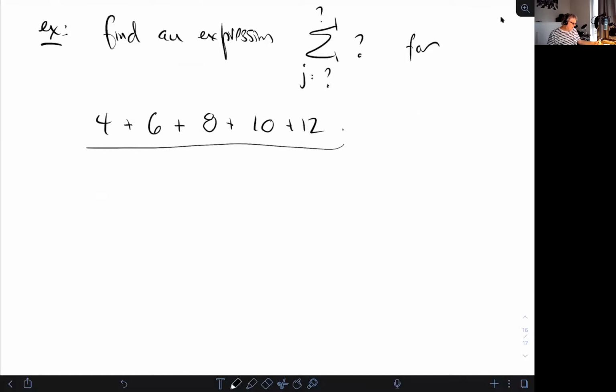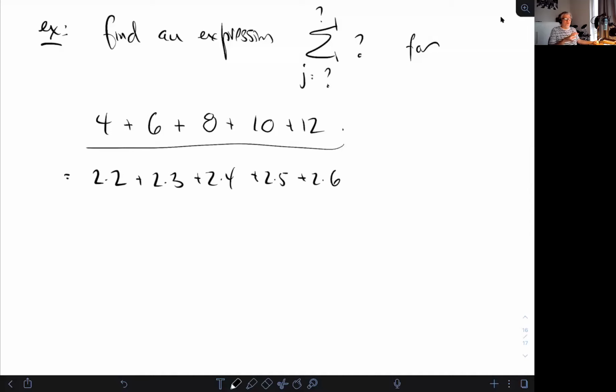Basically what you have to do is see the pattern, and this can sometimes be very difficult. But here the pattern is not too bad. You see that this is 2 times 2 plus 2 times 3 plus 2 times 4 plus 2 times 5 plus 2 times 6.